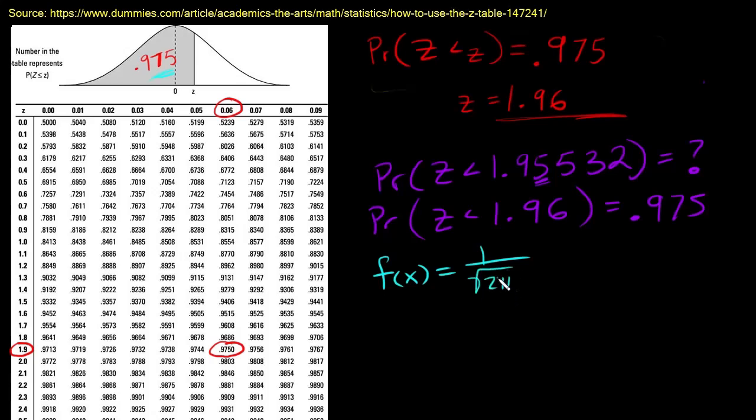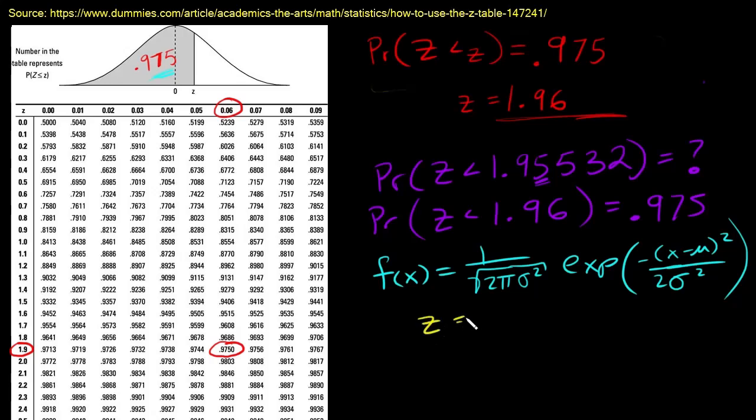This is the function: 1 over square root of 2 pi sigma squared times e to the negative x minus mu squared divided by 2 sigma squared. And so for the standard normal distribution, I plug in z instead of x, and we have sigma equals 1 and mu equals 0. So that's, by definition, what standard normal is.